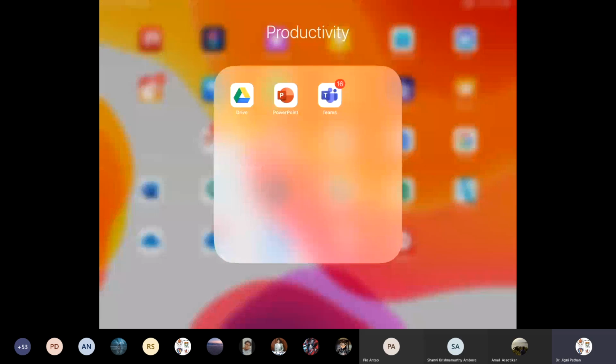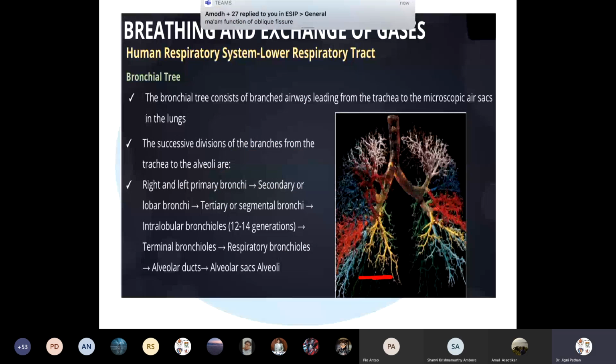We have studied this. Can you see the branching of the tree? There is no function, Amod, just a dividing. It is dividing the lungs. Can you see this tree? This is how it looks. Now, after we have studied about the lungs, we need to study the structural and functional unit of the lungs.